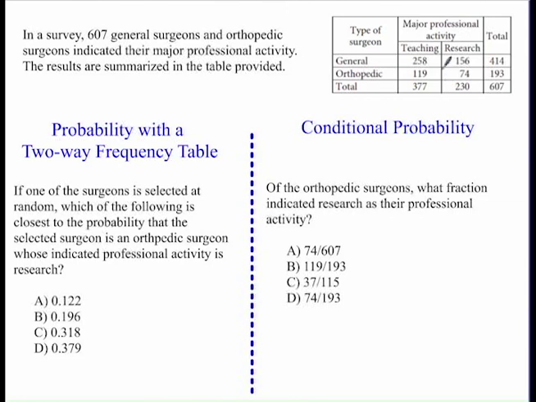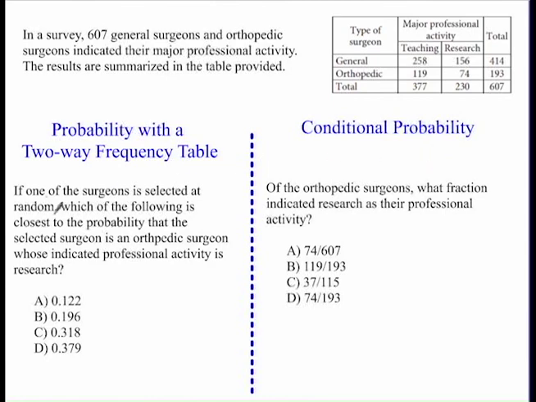In last week's assignment, this was the question that you all got, on probability with a two-way frequency table. If one of the surgeons is selected at random, which of the following is closest to the probability that the selected surgeon is an orthopedic surgeon who indicated their professional activity is research? Here are some keywords to look for in this problem, and I'll show you how this problem is different from conditional probability, which is what we're doing this week.